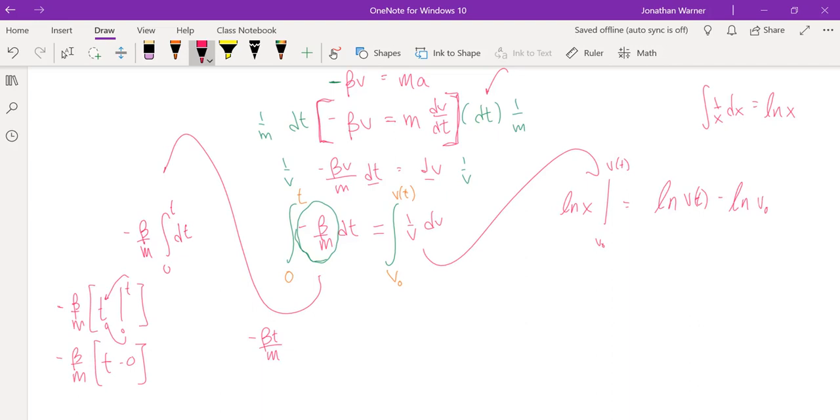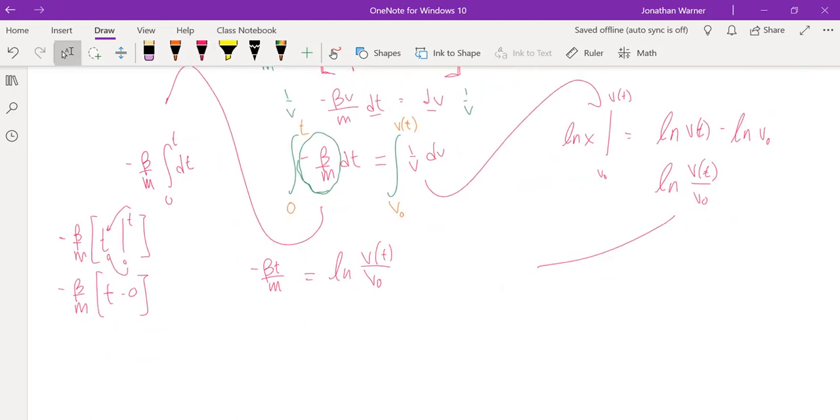Now, for those of you that know your properties of natural logs, you know that this is the natural log of v as a function of time over v0. So that's what we end up with on the right side. So this stuff goes back down here, and this is equal to the natural log of v as a function of time over v0.